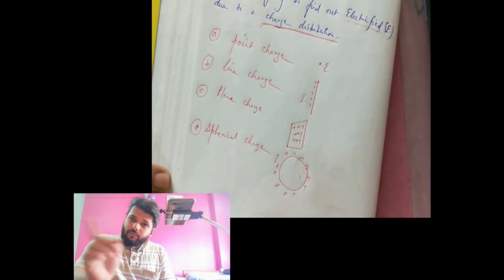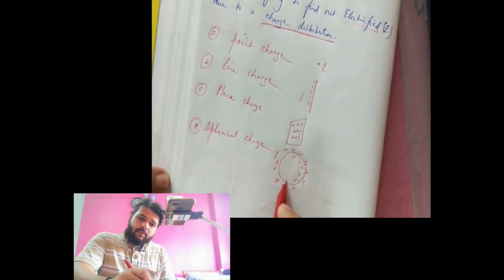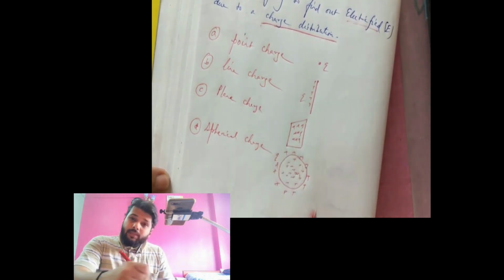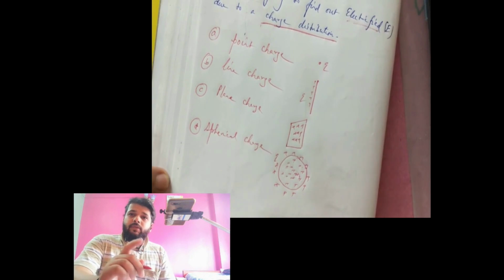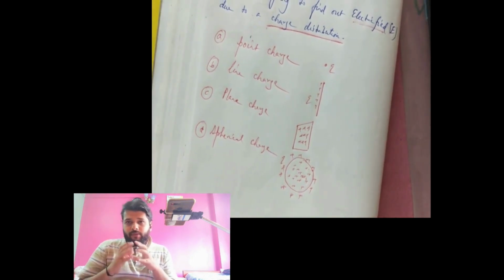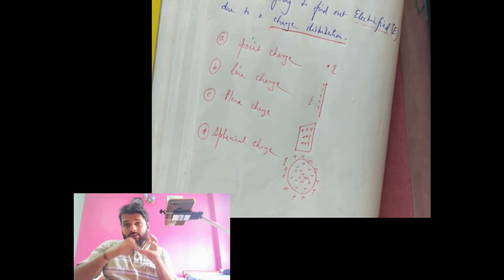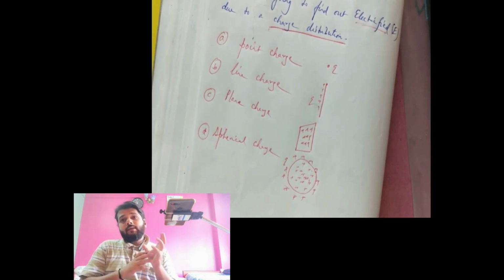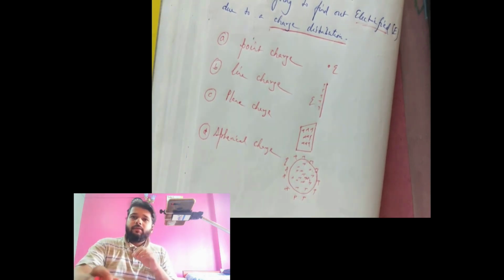But in case of solid, there will also be charges distributed within the surface, because this is a solid sphere. So the difference between hollow sphere and solid sphere is, in hollow sphere the total charge resides only on the surface, and in the solid sphere the charges reside on the surface as well as inside.